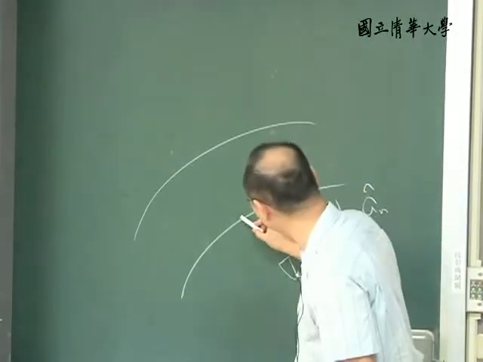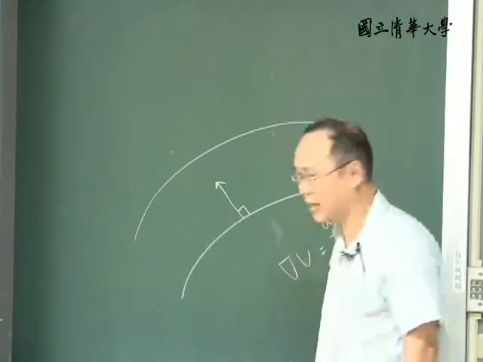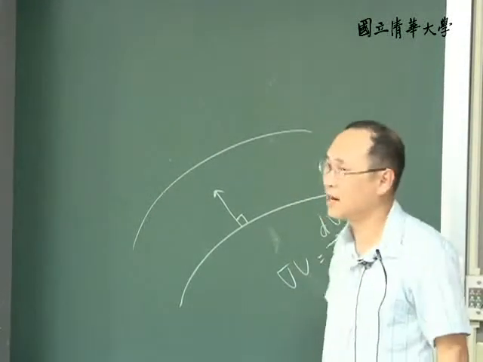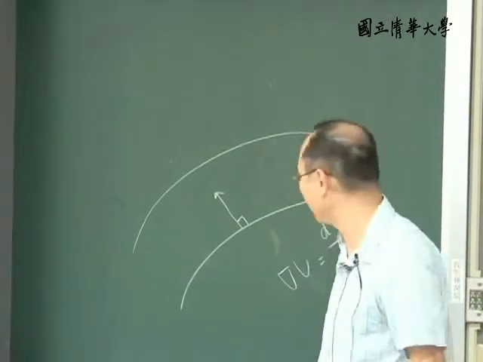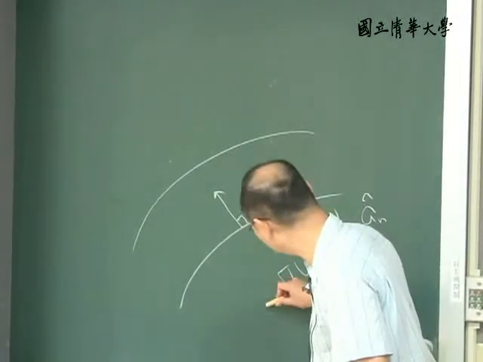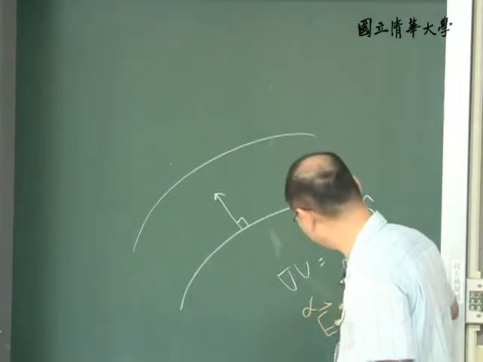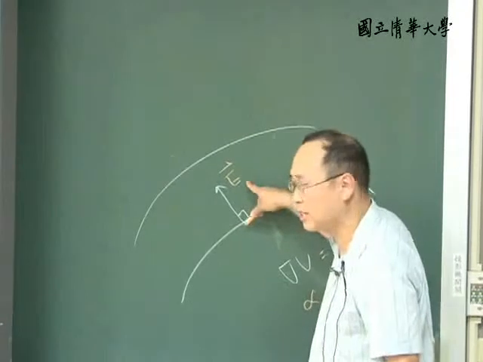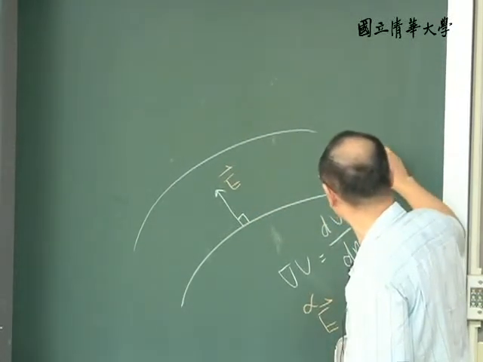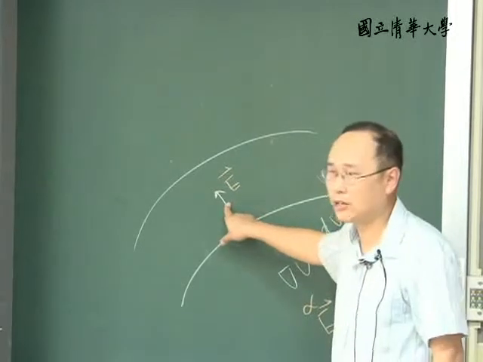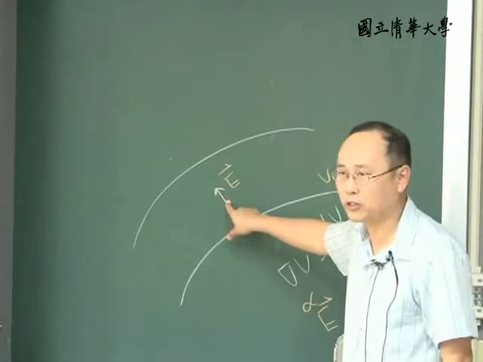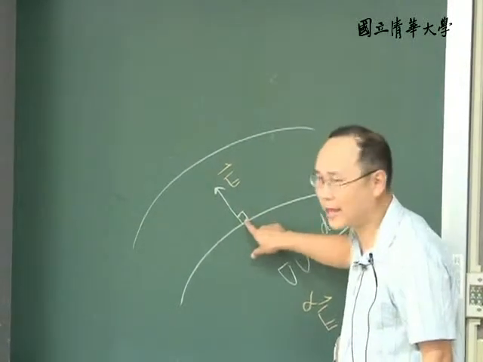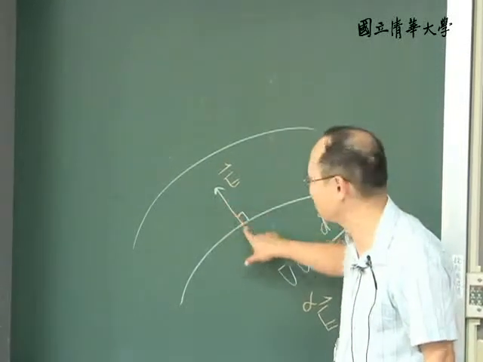So this gradient of V is along this surface normal direction. This means that if you construct the electric field line, this is proportional to the electric field, so the electric field is along this direction, and this is the V equal to constant surface. So if you want to construct the equipotential surface and the electric field line correctly, then you have to specify a right angle at the junction of these two lines.